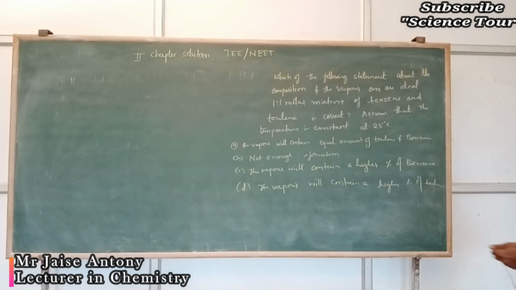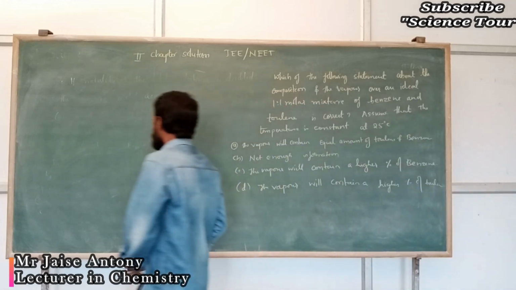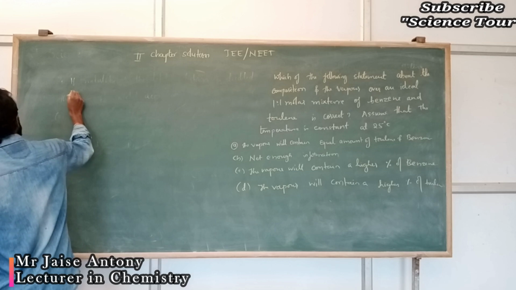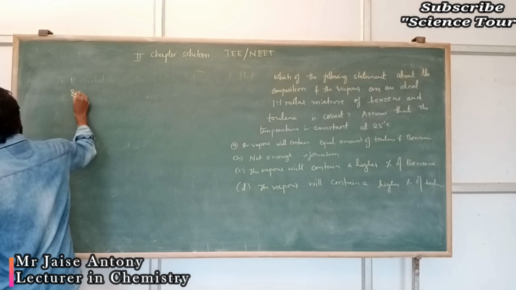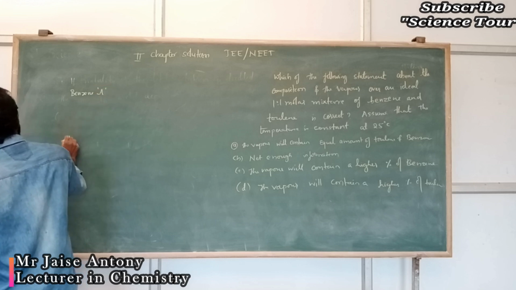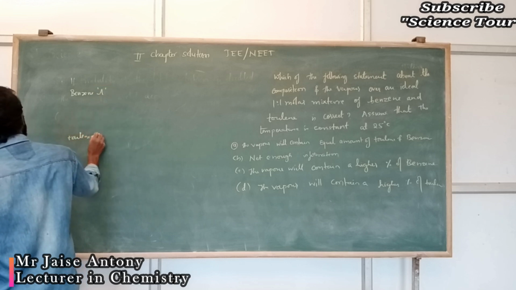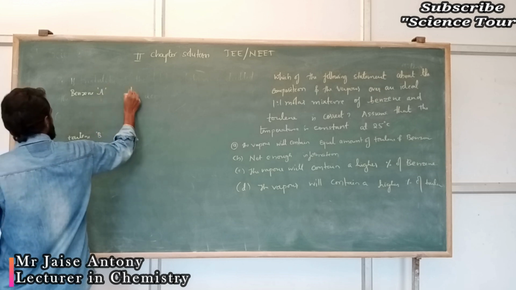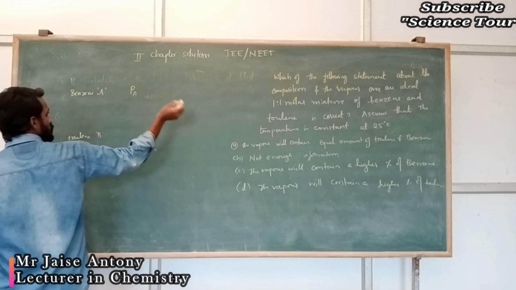Here benzene is taken as component A, and toluene is taken as component B. So wherever A is used, it represents benzene. Here the formula is given for vapor pressure.